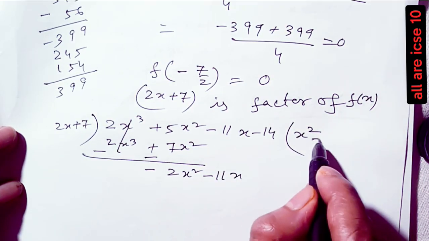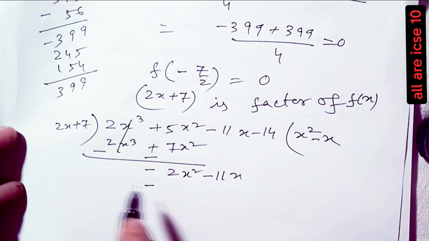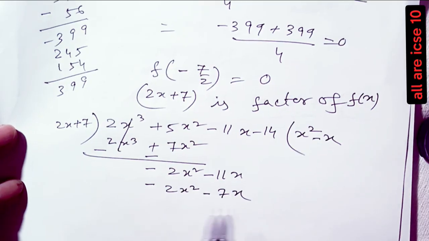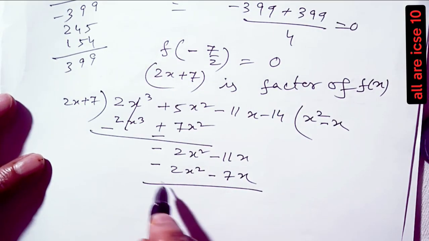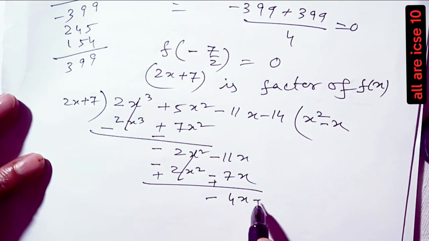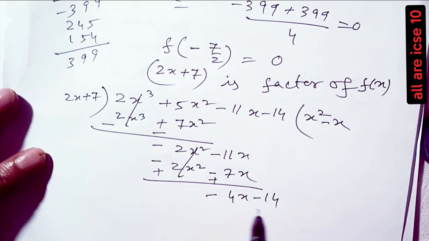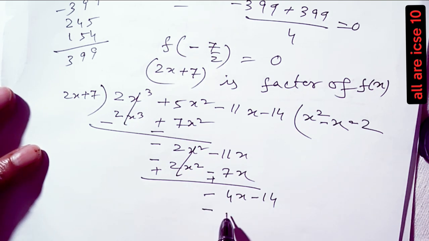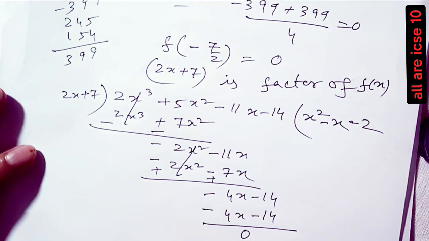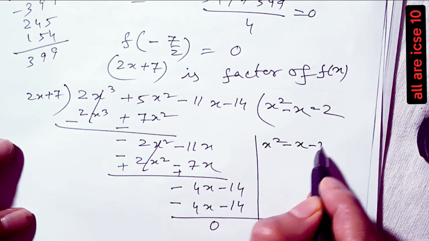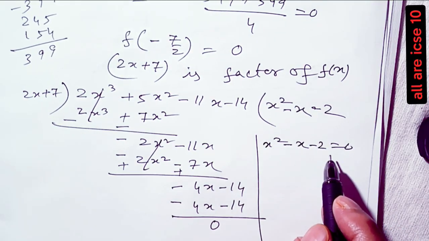Here 2x, so multiply minus x: minus 2x square minus 7x. Now this cancels, minus 4x minus 14. So now multiply by minus 2, and this will be minus 4x minus 14. So this is 0.